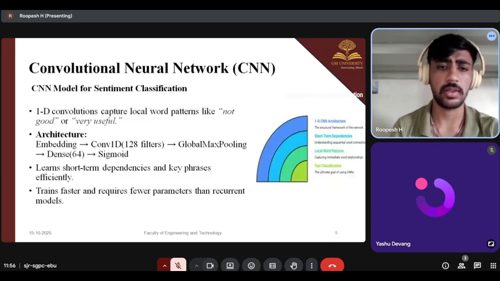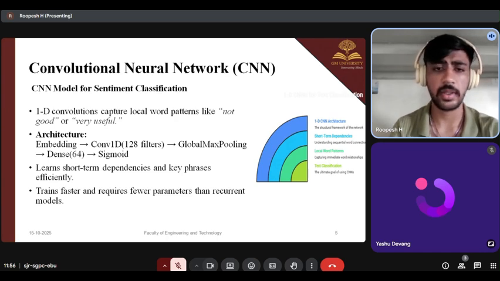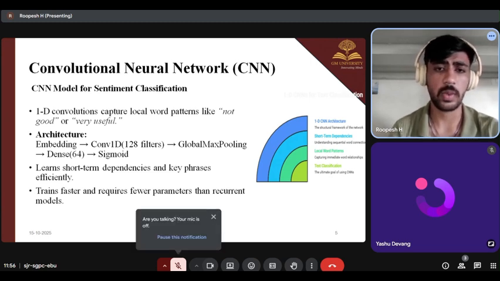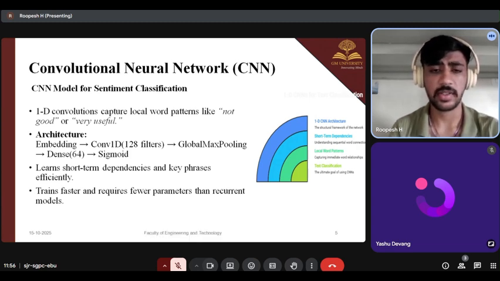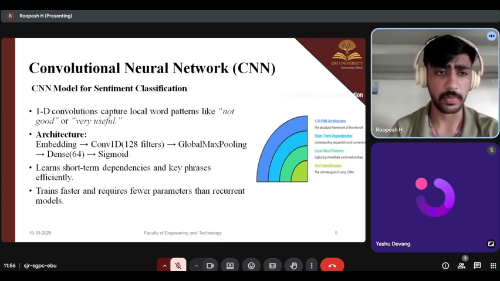The first model I implemented was a CNN. Although CNNs are commonly used in image processing, they also work well for text because they can identify important local word patterns. For example, if I say very good or not worth it, they strongly indicate my sentiment.